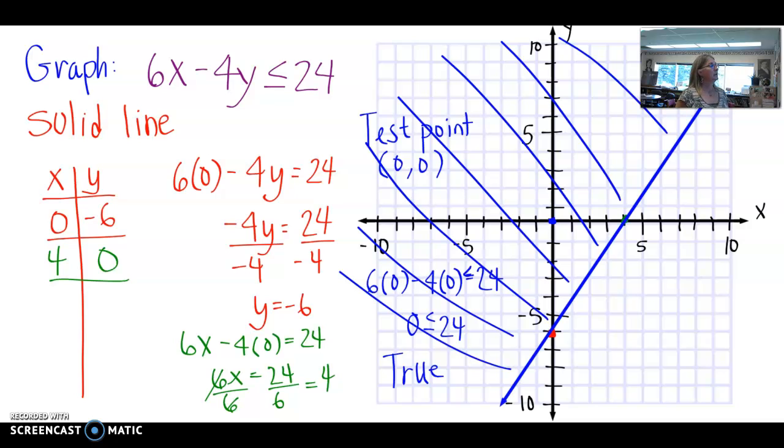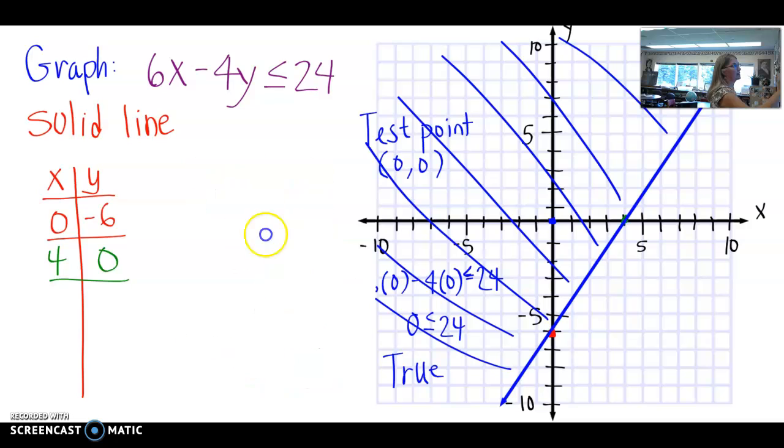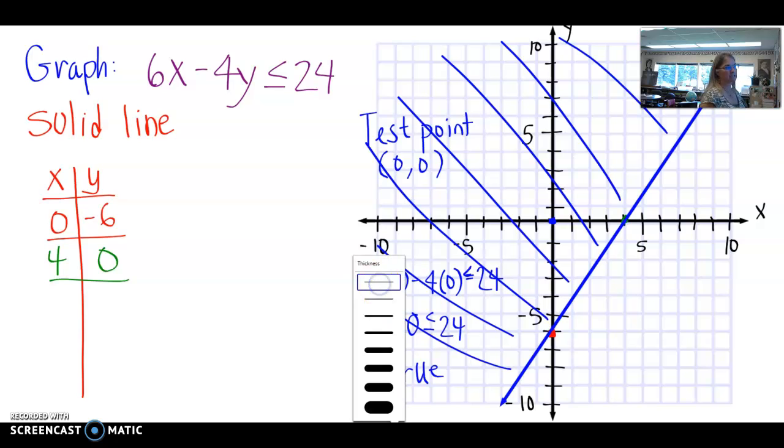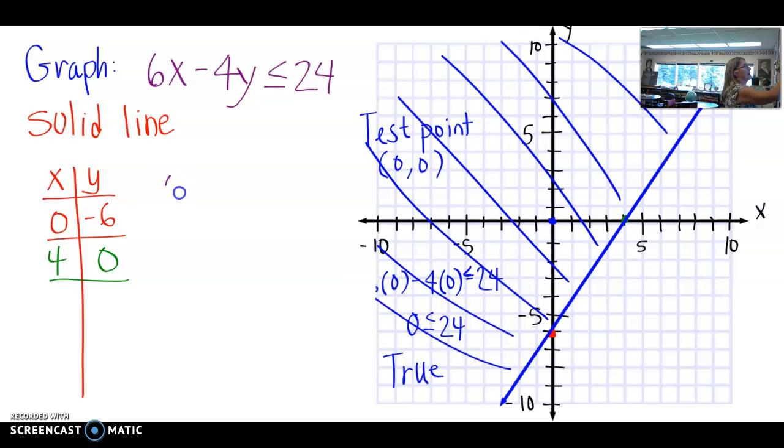Now, if you want to, instead of finding our x, y-intercepts, we could have rewritten this in slope-intercept form, and I'm just going to do that in case somebody's really stuck on doing that. It's not that big of a deal, not that different. You need to just solve it for y.